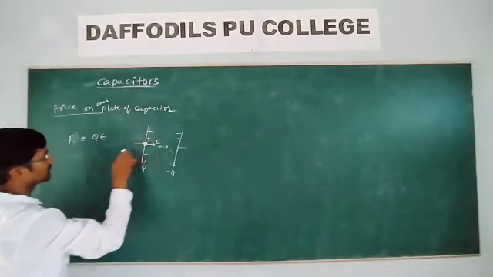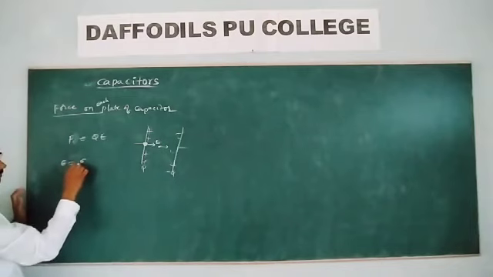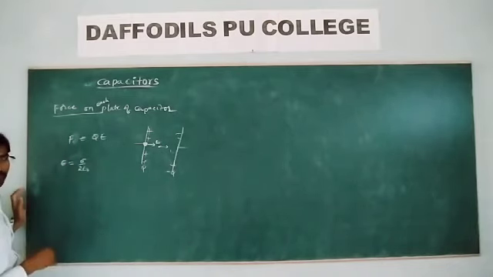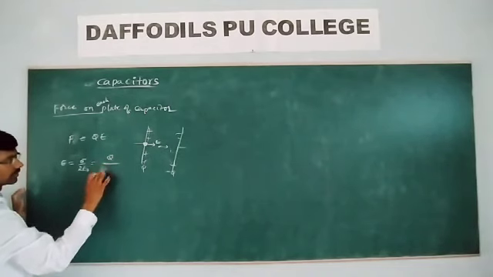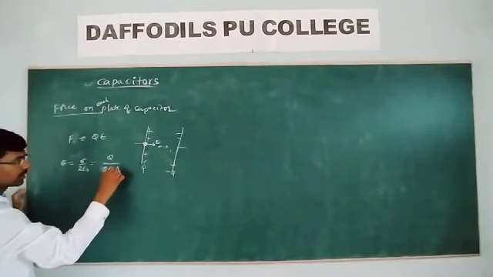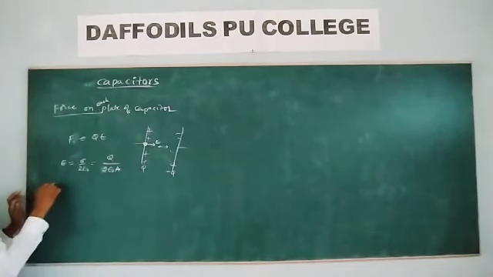What is the electric field due to one plate? E is equal to sigma by 2 epsilon naught. Sigma is Q by A. Then E is Q by 2 epsilon naught A. Substitute that one.